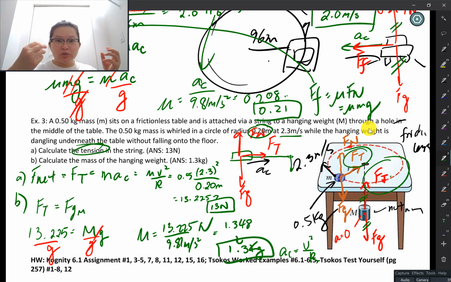But if the mass goes too slowly, then it won't need as much tension force to keep it moving around in that smaller circle. So as the tension force drops, the hanging weight is also going to go down a bit.